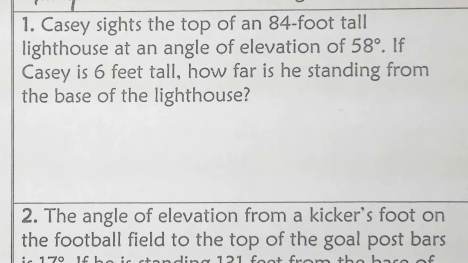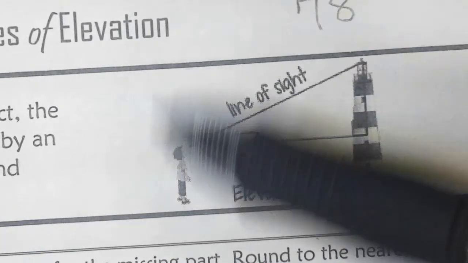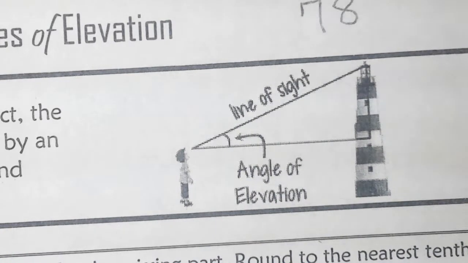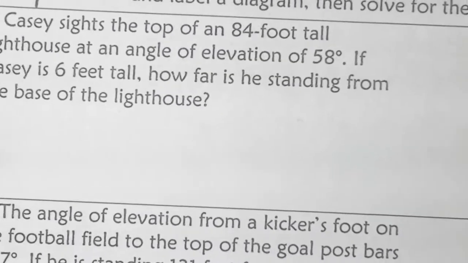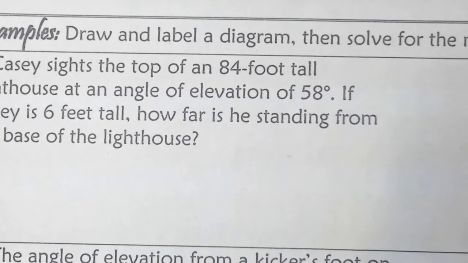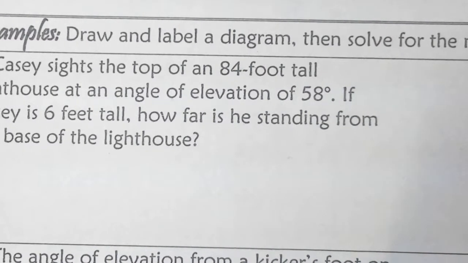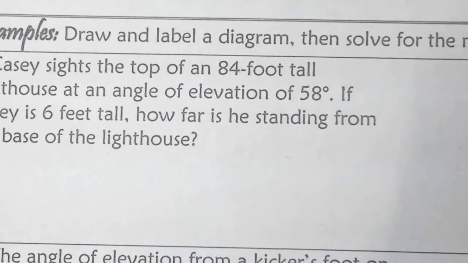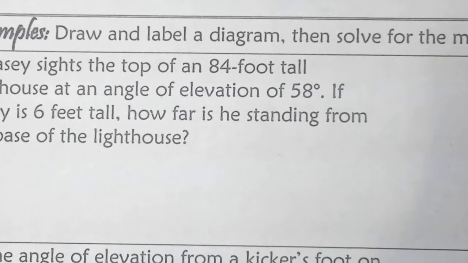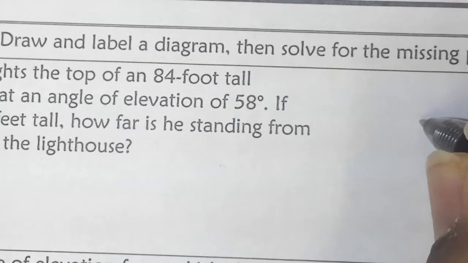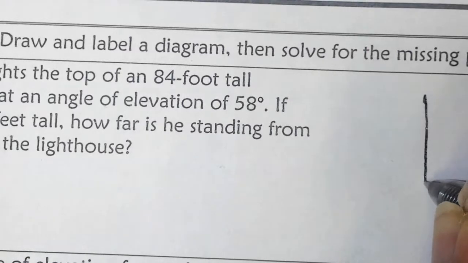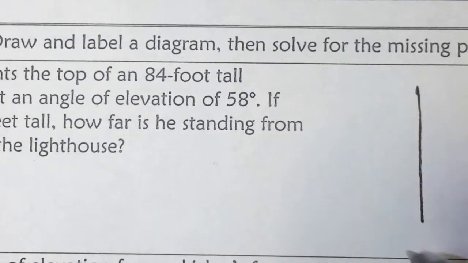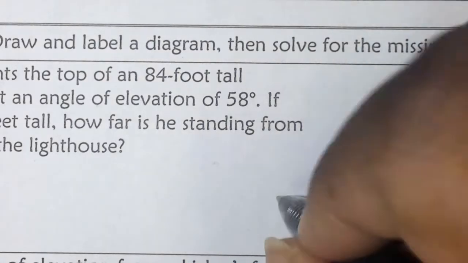All right. So each scenario that we draw is going to look like obviously a triangle. This first scenario is going to look exactly like this. It's based on this picture, but we're going to draw it out down here. I'm not going to draw a lighthouse though. Just draw a line for that lighthouse. My person is going to be a stick figure too, so I've never called myself an artist. So this side is going to represent my lighthouse.